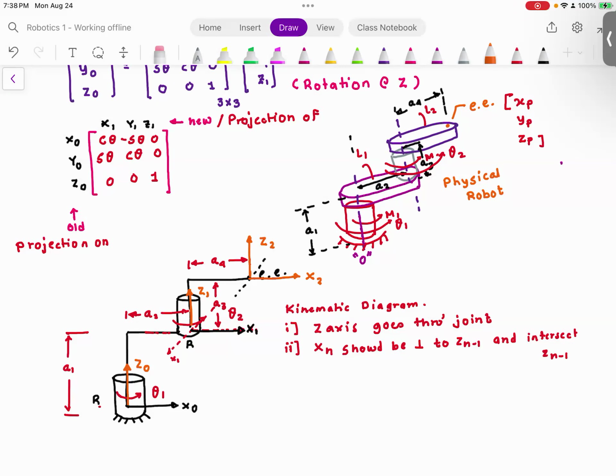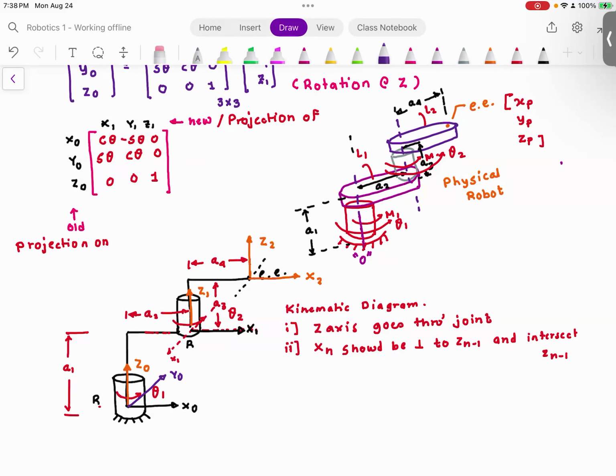X, Y, Z. I have X and Z, so my Y naught needs to go inside. So X naught, Z naught, and this goes Y naught. Everyone understood how I complete the first triad?